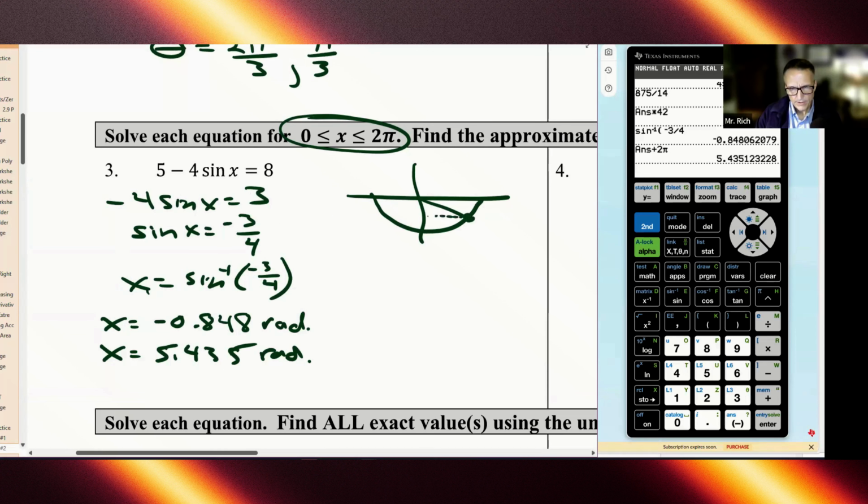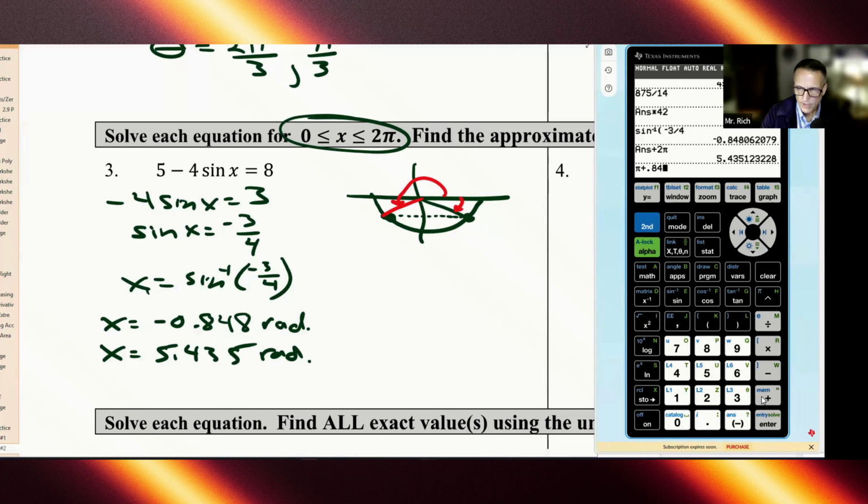That means that the other angle I'm looking for is this one right here. So what we just did is we determined that this angle clockwise is 0.848. Therefore, this angle that I'm looking for over here, which would be this number of radians, is going to be found by taking pi plus 0.848.